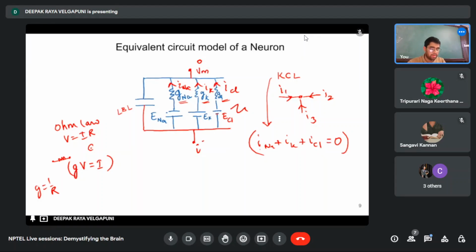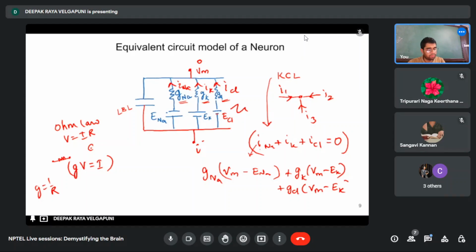So what happens is INa is nothing but Vm minus ENa times the conductance GNa. So when you sum this up, you get GK (Vm minus EK) plus GCl (Vm minus ECl).